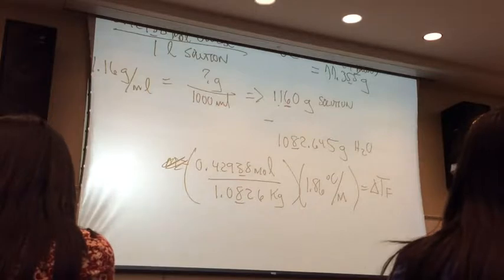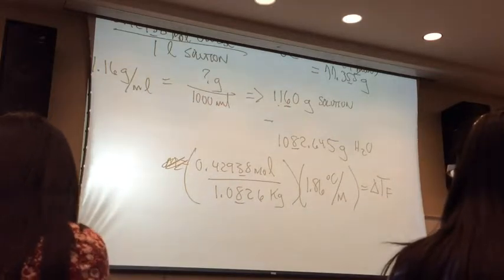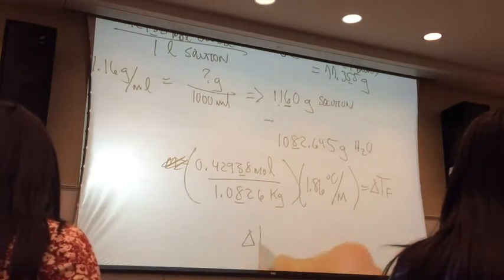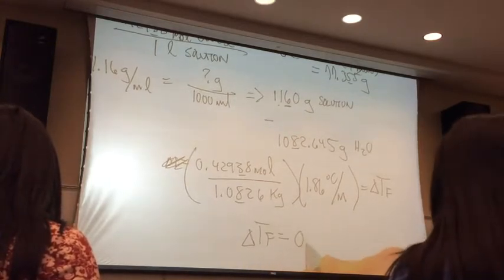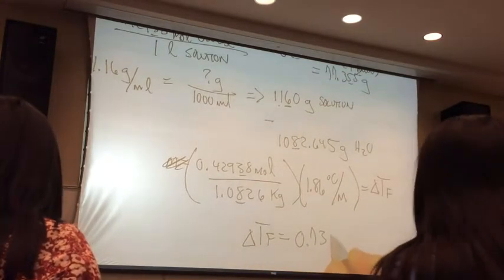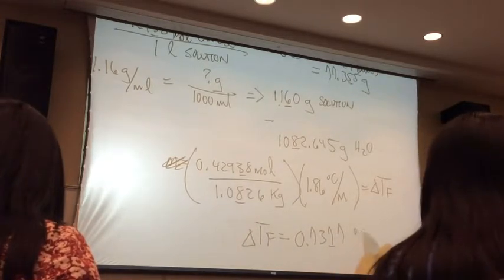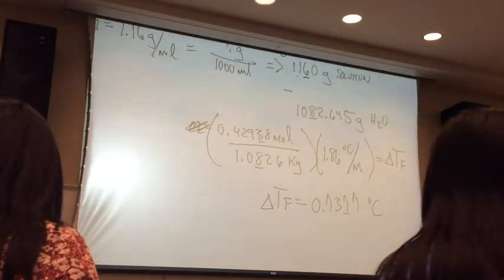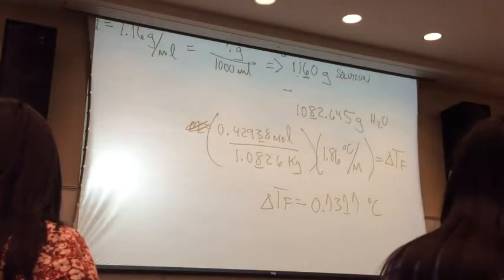And then times 1.86, right? And I end up with a delta T of 0.7377 degrees Celsius.